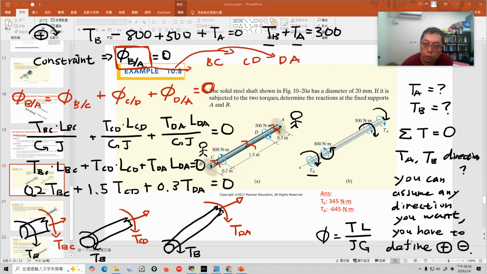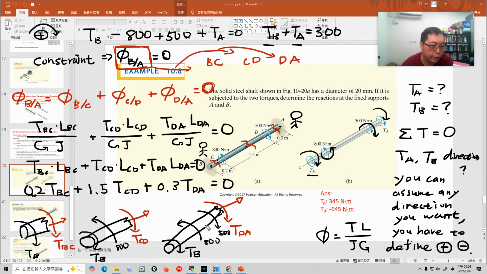Let me write down the other torques. The torque here, the section here, sorry. Here we have 800, and here is 800, and here is 500.